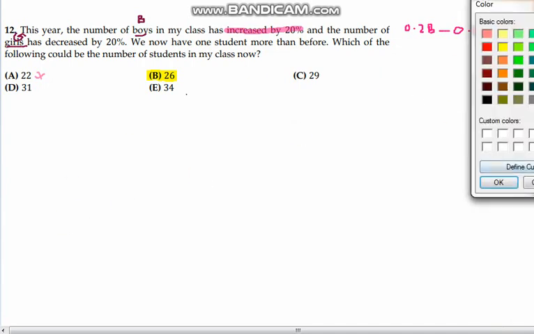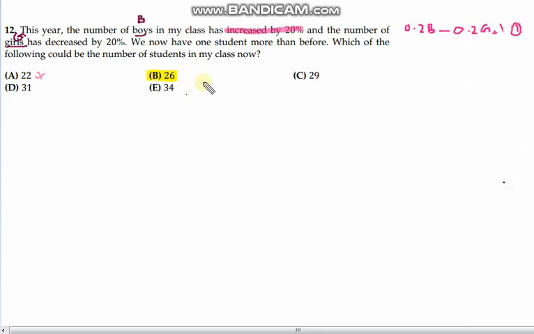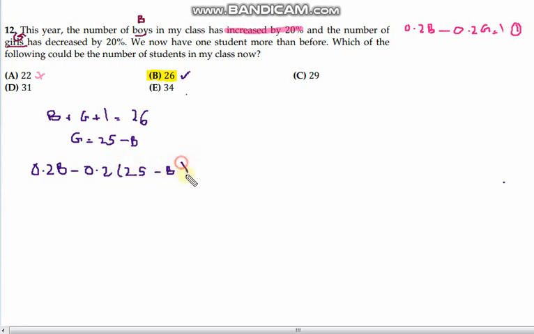Alright, let me choose another color. So if B was our correct answer, a correct assumed answer, we would have B, I'm working faster now, plus G plus 1 equals 26. So G would be 26 minus 1, which is 25 minus B. Now if we insert this into equation 1, we have 0.2B minus 0.2, and in place of G, I'm going to put in this expression, that's 25 minus B, equals 1.